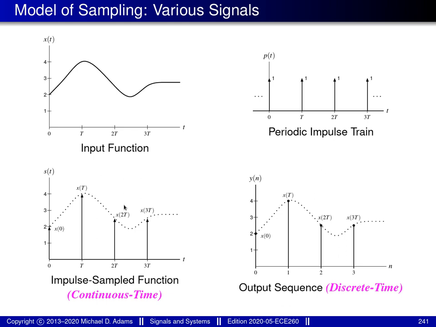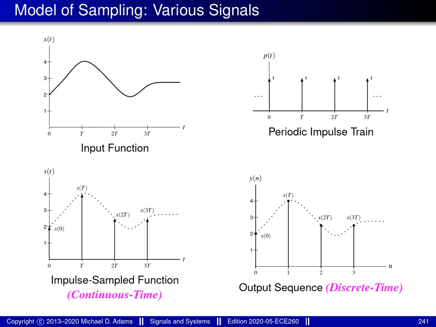The figure in the bottom left shows a graph of the impulse sampled function s, which is an impulse train where the weights correspond to the values of the function x evaluated at points that are equally spaced by capital T. The figure in the bottom right shows a graph of the sequence y generated as the output of the sampling process, where the elements in the sequence correspond to weights appearing in the impulse train s.